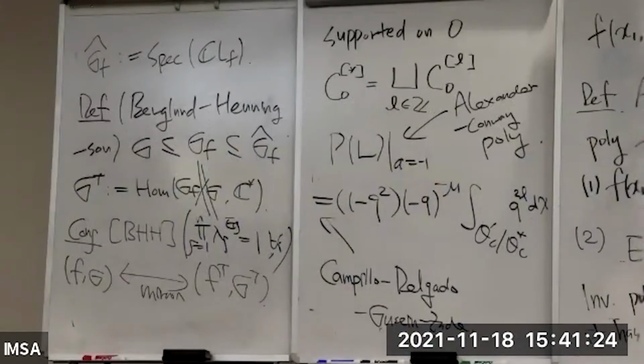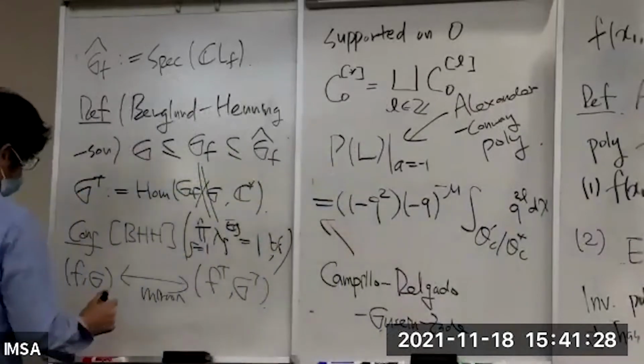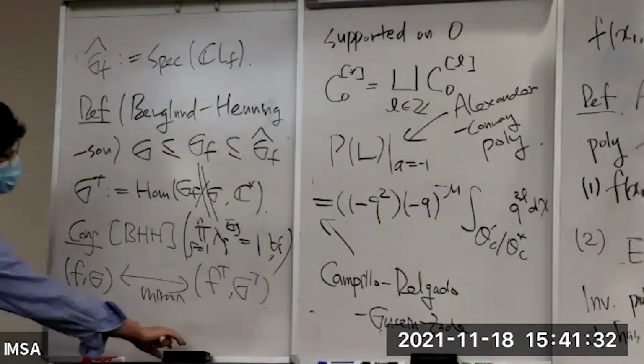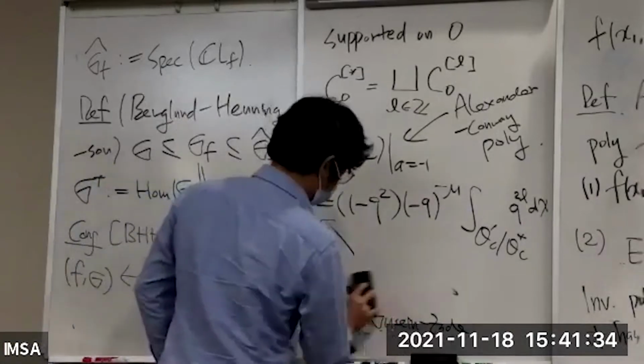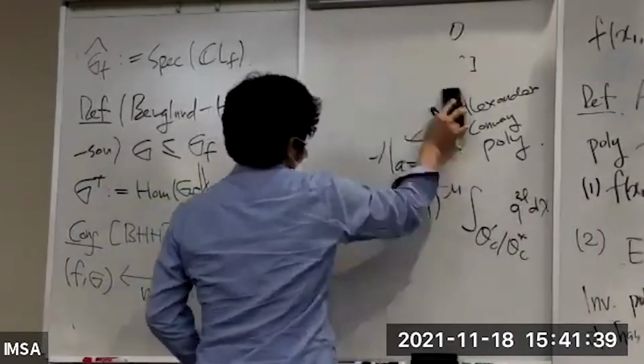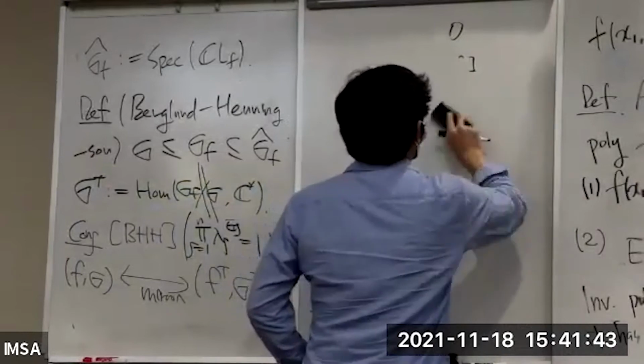So by the mirror symmetry conjecture, this G is mirror to the transpose group. But it is not a precise theorem, right?